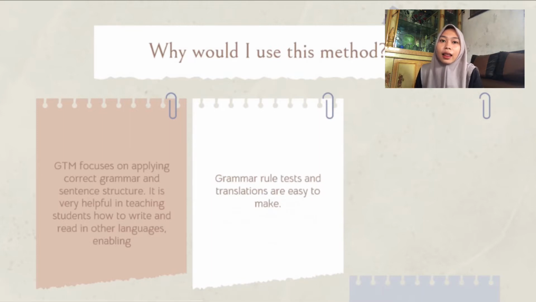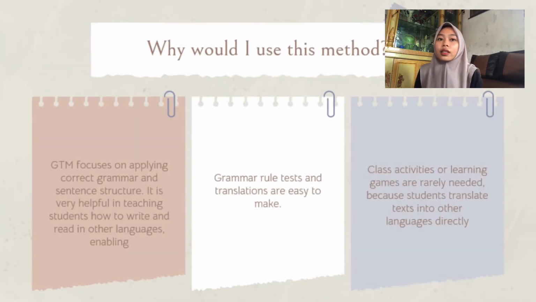Second, tests of grammar rules and of translation are easy to construct. And the last, class activities or learning games are rarely necessary, as students are translating text to another language directly.